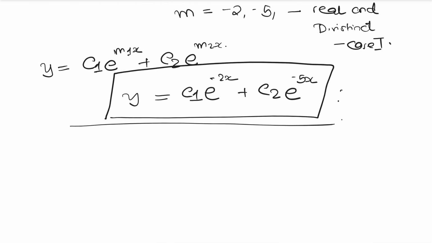Again, moving on to the next example, that is solve y double prime plus 8y prime plus 16y equal to 0.